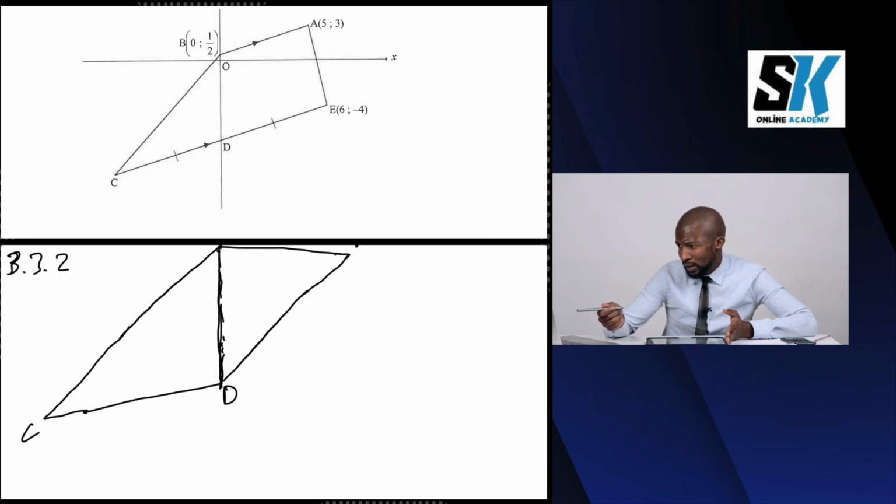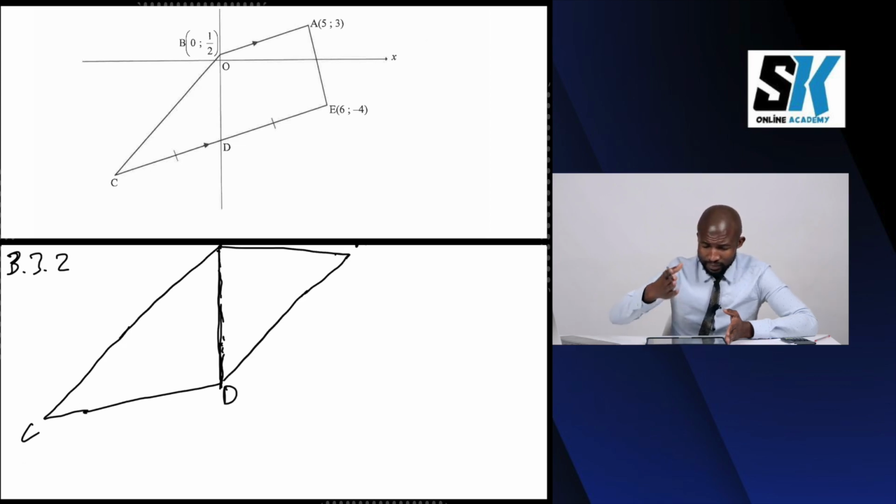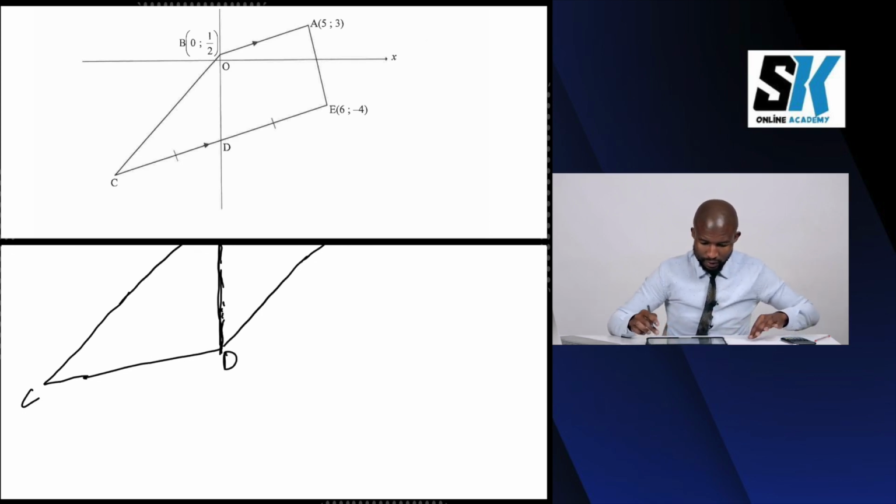And if you can see that B and D are on the vertical line, which is the y-axis, so you can easily get the distance between the two of them. So let's move on and see how we get the area.